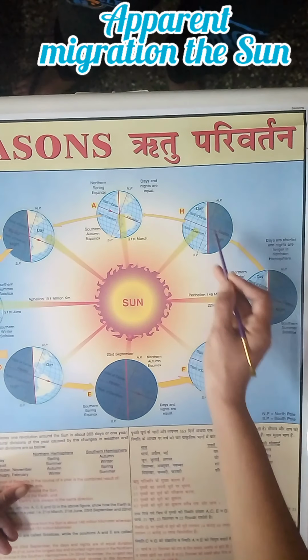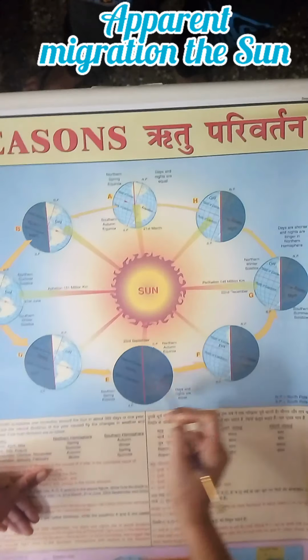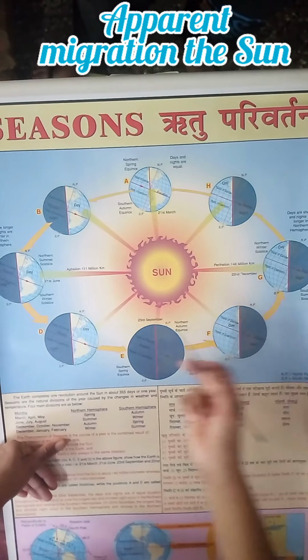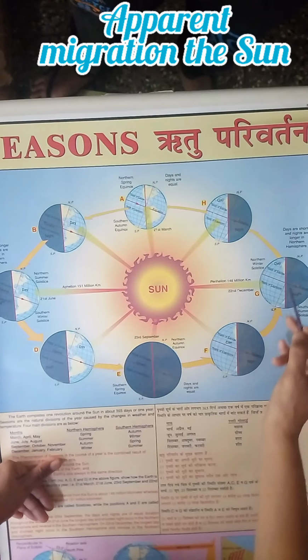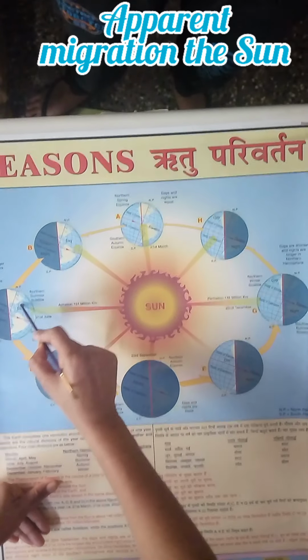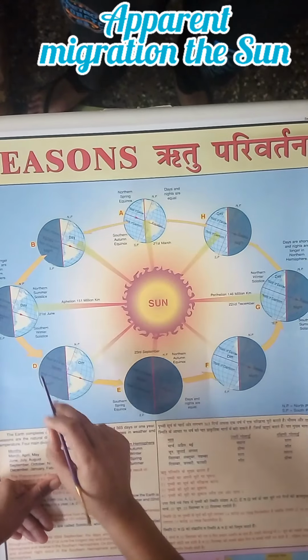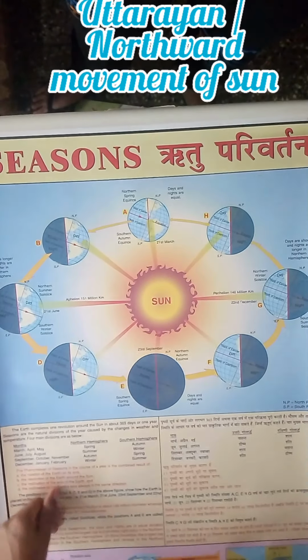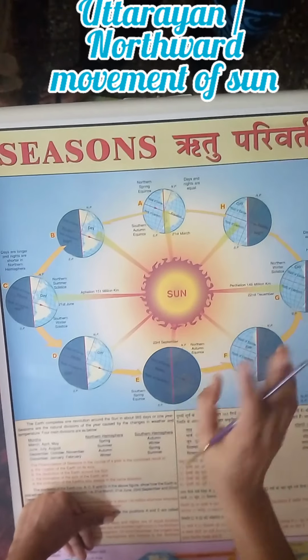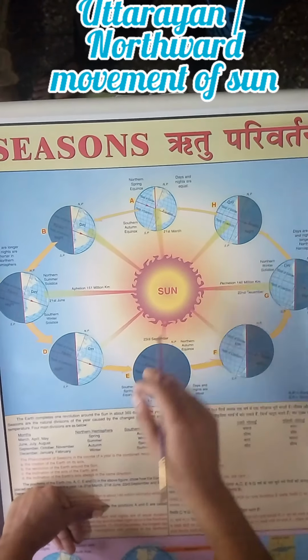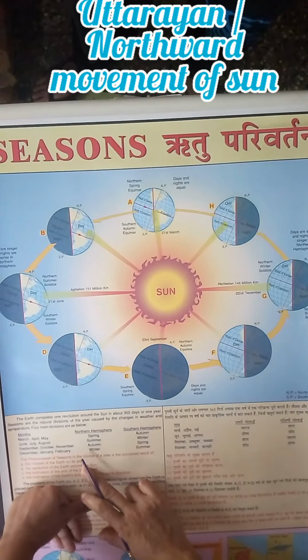So you may observe that in these different positions the axis is tilting. In some parts of the year the north pole is tilting towards the sun, and in other parts the south pole is tilting towards the sun. So here two different movements are there that we will call the apparent migration of the sun.